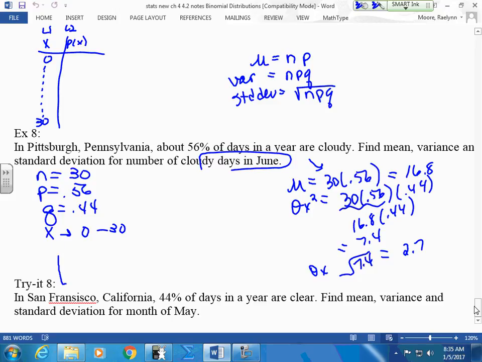You gotta lay your n and your p and your q out. 31 days in May. Percent 44.